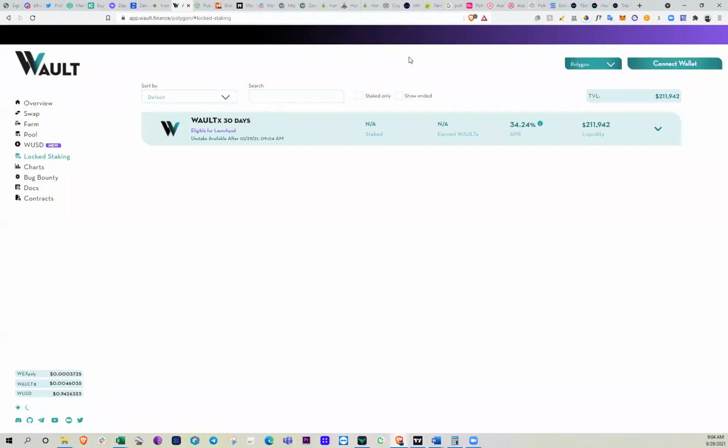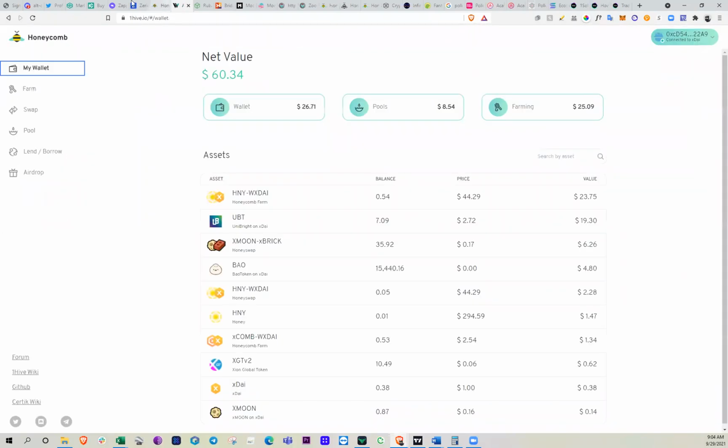I'm going to show you guys the overall idea. This is basically one platform that manages all of your money in a DeFi state. All the coins just stay in your wallet, so you're ready to swap them or do whatever. The first thing is farming.